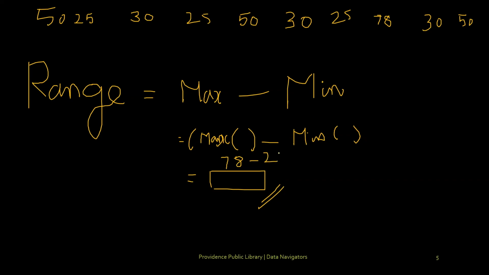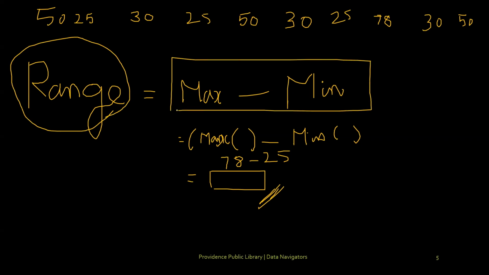So 78 minus 25, you will get that as the range. So what is range? Max minus min. Remember, we don't have any function in Excel to calculate the range for descriptive statistics. We have to utilize the max and min functions. So that is range. All right, with this idea, let's go into the next slide and see our understanding.